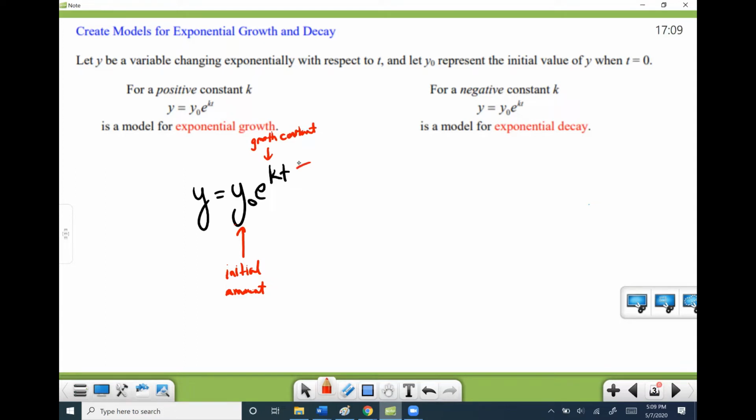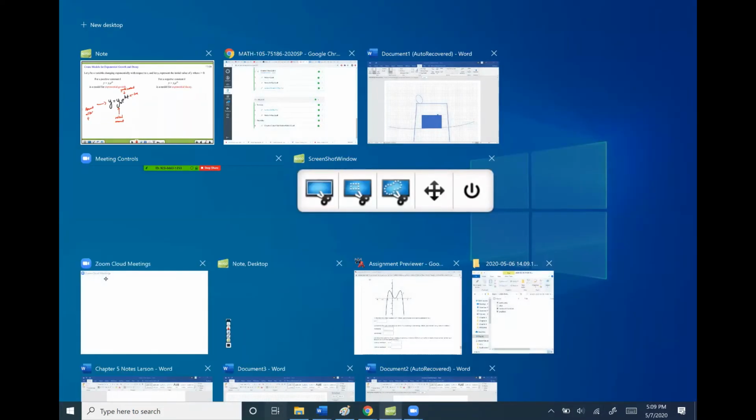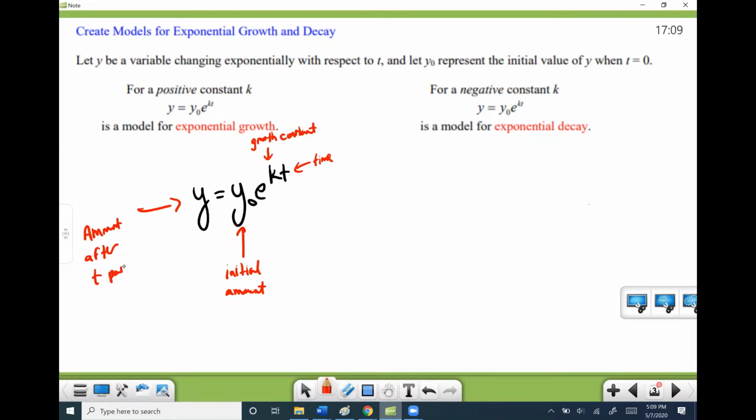Okay. And Y is the amount after T. The amount after T. Okay. T whatevers in this case. They're not necessarily years in this one. So after T passes. So this should remind you of PERT, huh? Like A is the amount in the account after a certain amount of years.